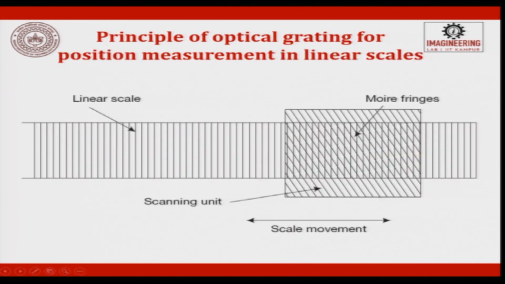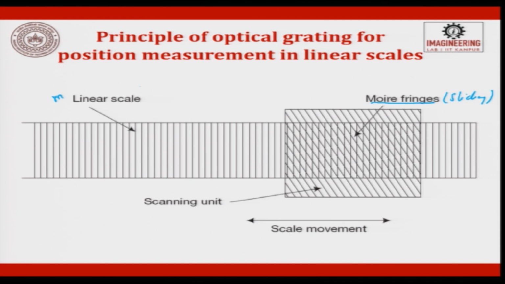When we talk about a linear scale, the principle of a linear scale works on the Moire fringe pattern. You have a linear scale and then you have a nut, or a sliding scale. This is a main scale and this is a sliding scale. The sliding scale is present at an angle, slightly a small angle.